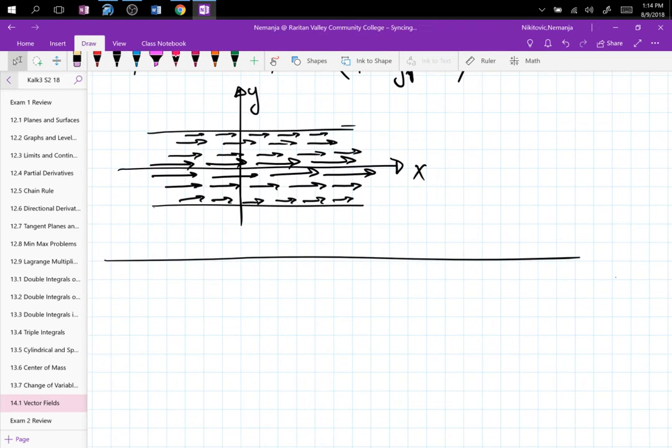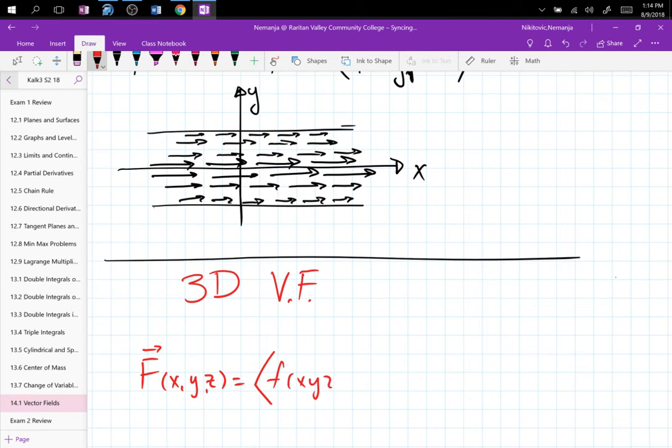vector field. So a 3D vector field is going to be given by F of x, y, z is, and now you have your f of x, y, z, g of x, y, z, and h of x, y, z.